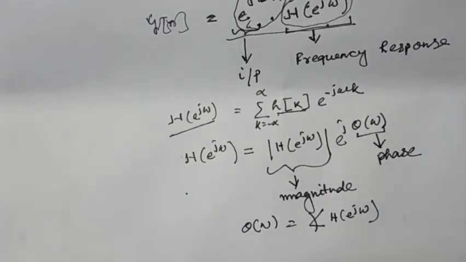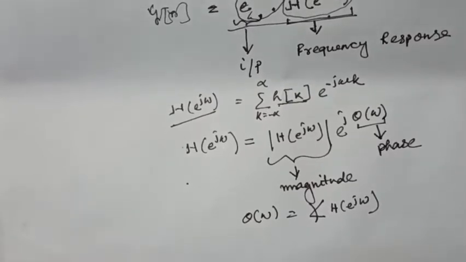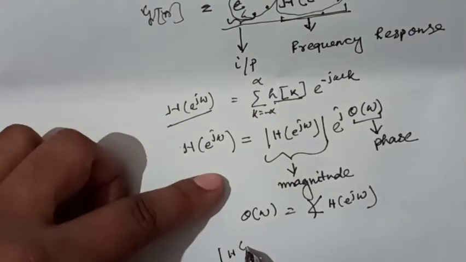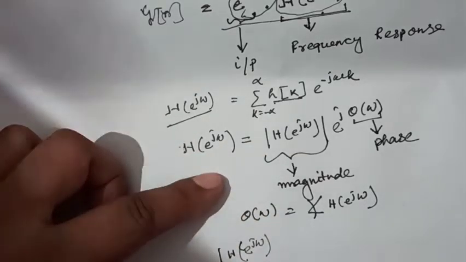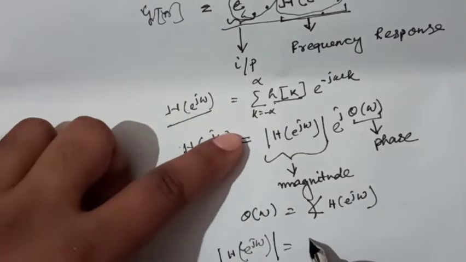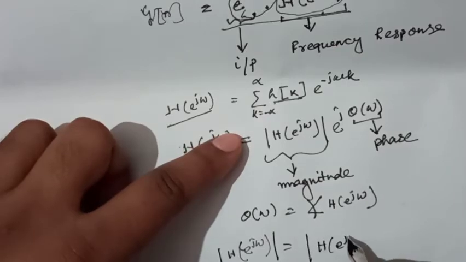Now from the properties of the DTFT, we know that the magnitude of the DTFT is always even symmetric. That means the magnitude of H of e to the power j omega is equal to the magnitude of H of e to the power minus j omega.